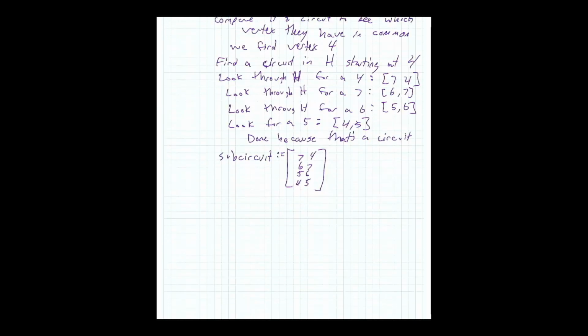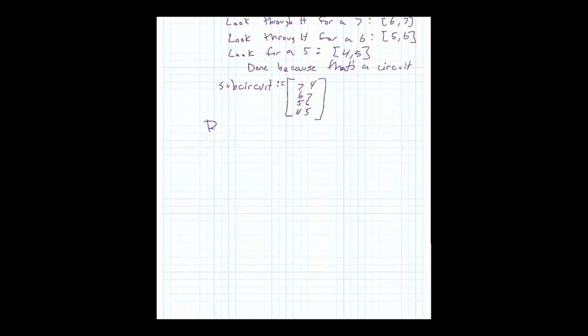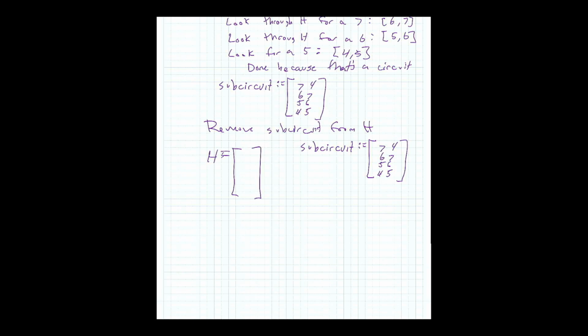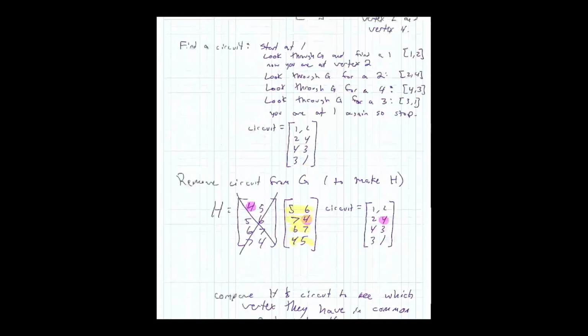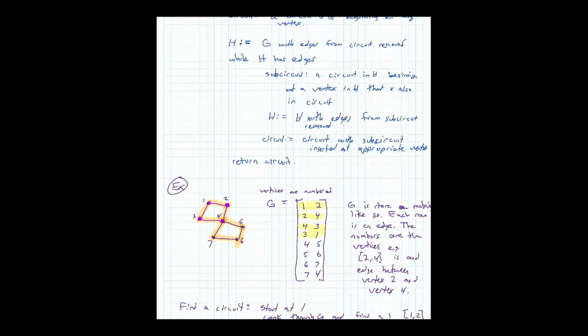So when you remove subcircuit from H, you're going to get that subcircuit is subcircuit, but what you're going to get for H in this case is empty, right? Because there's nothing there. So we've done this.